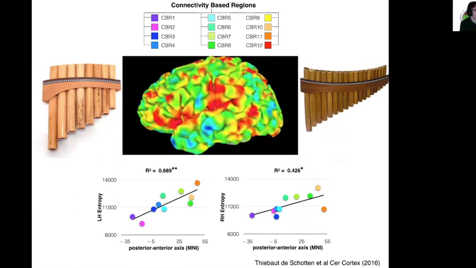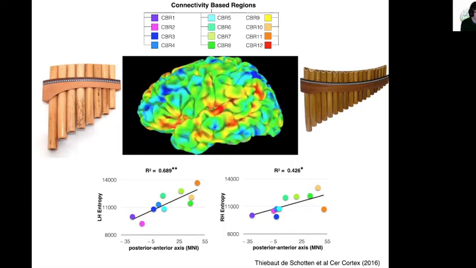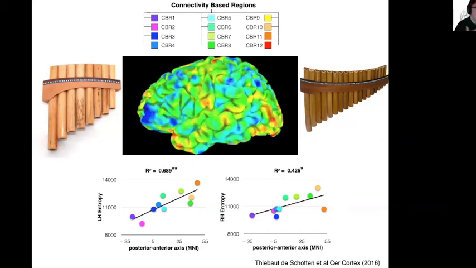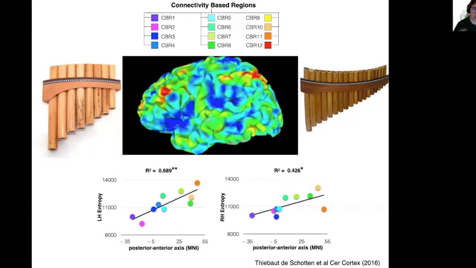And by applying the same concept of measuring the entropy, this is a Shannon entropy, we've been able to quantify how rich really the states you can take in this region, and see that the further you're going towards the frontal pole, the richer the number of states you can take, suggesting that your flute in the frontal pole got more notes than your flute in your motor cortex. And the number of notes that you have on your flute are actually the number of connections.